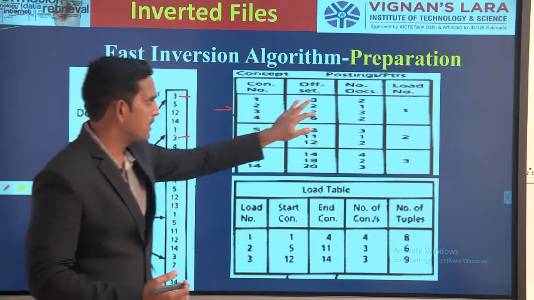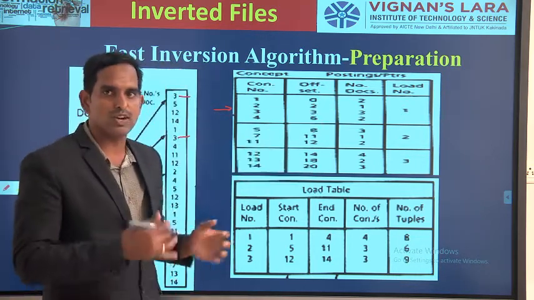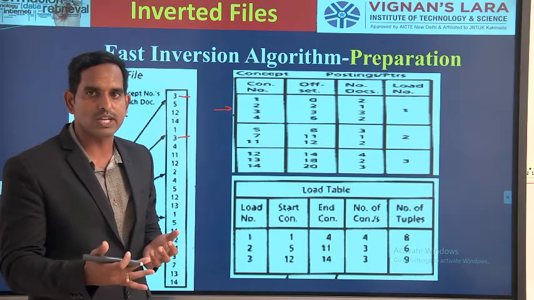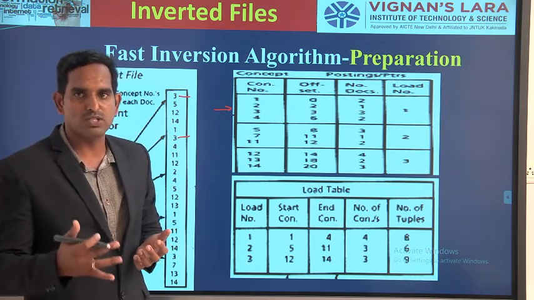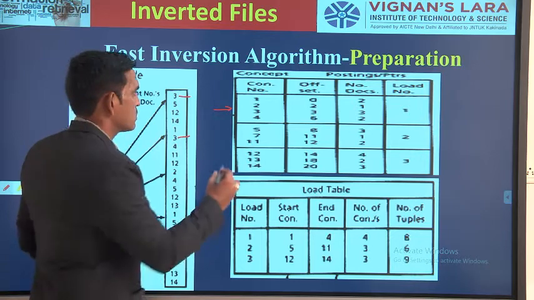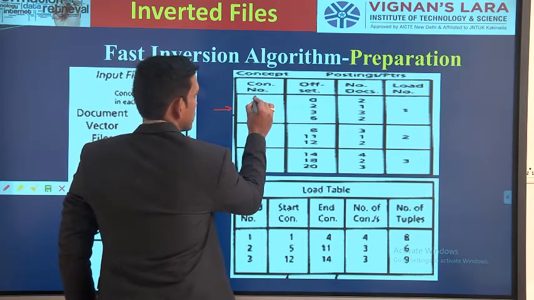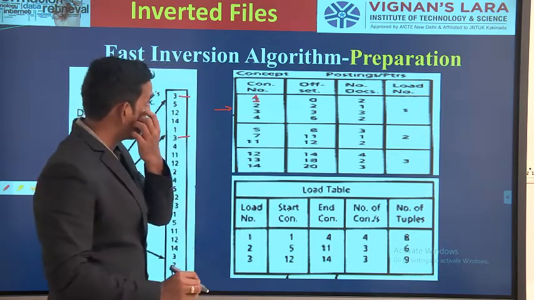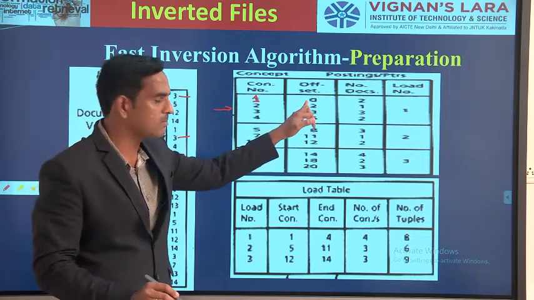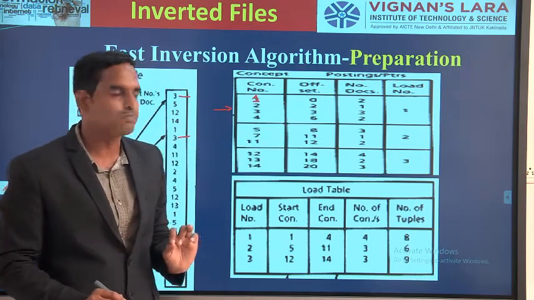Why are you mentioning this offset? You have to find out which concept you are looking at and what the position of that particular concept is. The first one you are looking at is concept 1, and since this is the first concept, I am making the offset 0.